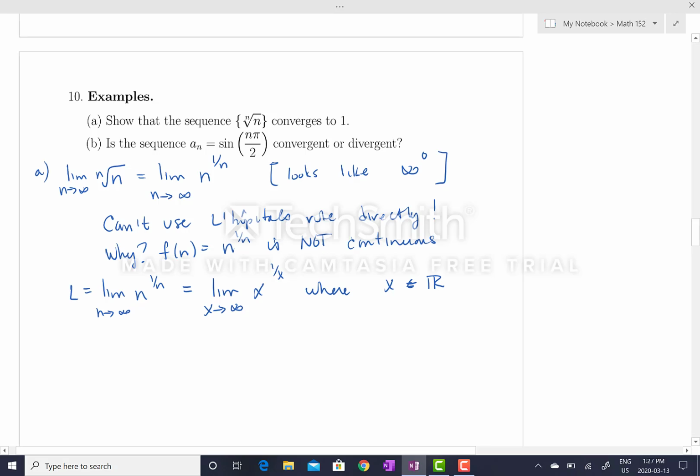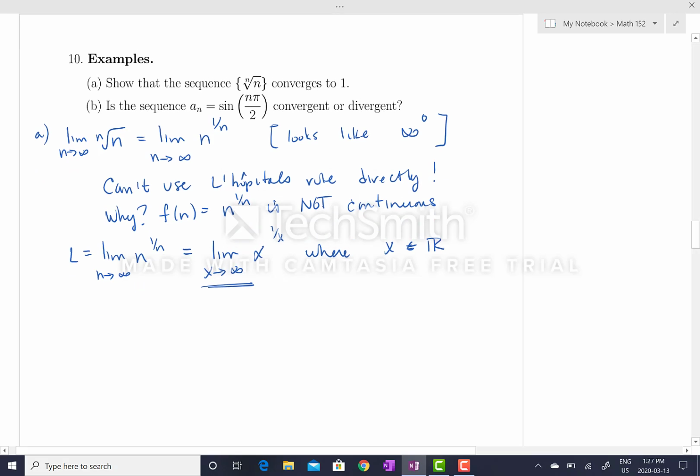Okay, so now I have a function of x, a continuous function that I can apply a derivative to. So let us now recall how to do that. I now know that I have some limit L that I'm trying to find. It's the limit as x goes to infinity of x to the 1 over x.